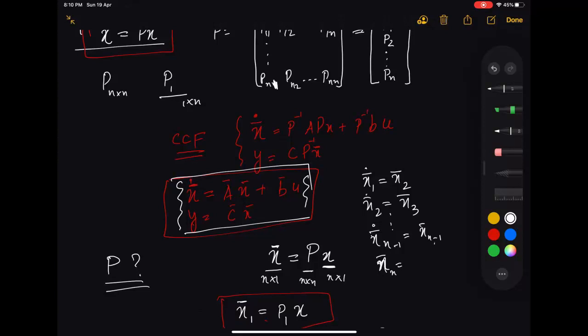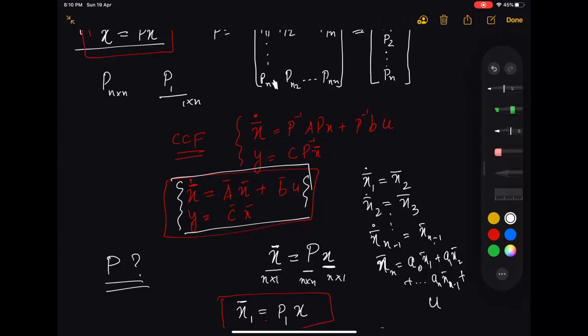So it will be, say, a0 x1 bar plus a1 x2 bar, and will go all the way up to an minus 1 xn bar, plus there will be a u term here. So there is no u term in the others, but there is going to be a u term in this one, right?